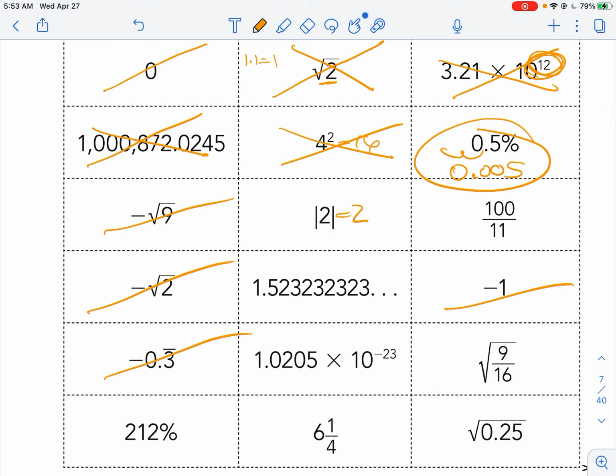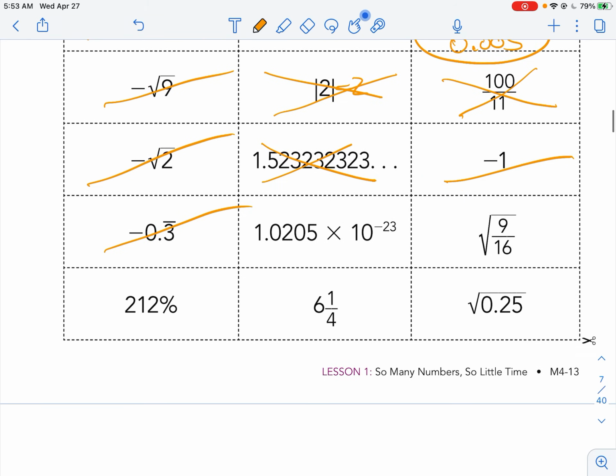The distance from 0, definitely. Numerator is bigger than the denominator. This is 1.5, so that's too big. This is negative, so that means this is a really small number. Oops, why did I do that? That one works. This one, what times itself gets 9? 3. Times itself gets 16? 4.